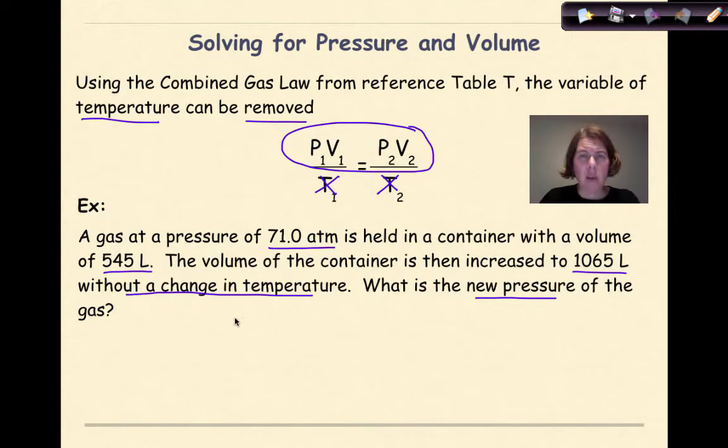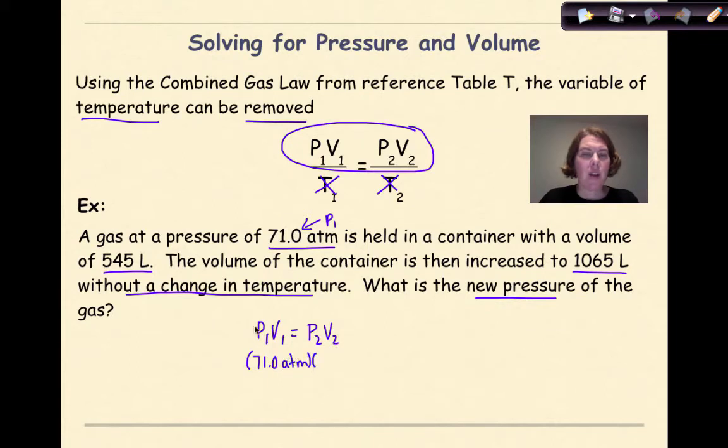So the first thing that I'm always going to do is write out my gas law. So P1 V1 is equal to P2 V2. So I can tell here that my initial pressure, my P1, is this 71 atmospheres right here. So I'm going to plug it in, 71.0 atmospheres.